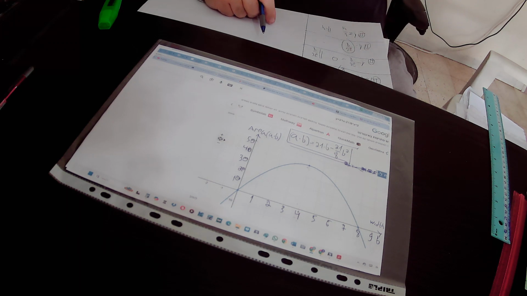So this way actually proves that the extreme point B equal to 4 is indeed a maximum extreme point and not a minimum extreme point.